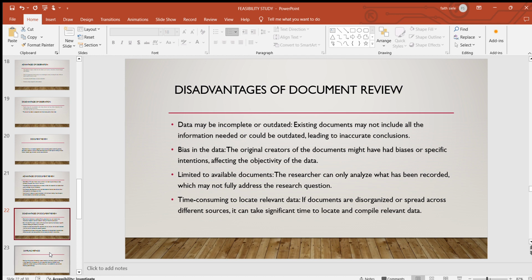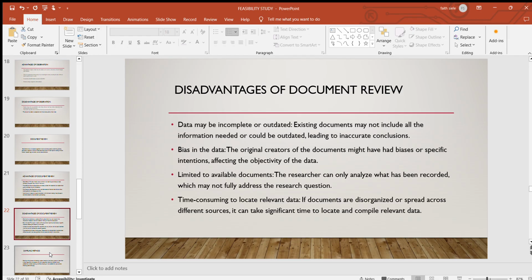Then also it is limited to available documents, whereby the researcher can only analyze what has been recorded, which may not fully address the research question.